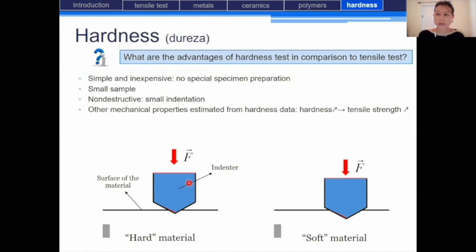We can also test small samples, and it is non-destructive. We only perform a small indentation on the surface of the material. And other mechanical properties can be estimated from hardness data. When the hardness increases, that means that the tensile strength of the material increases.